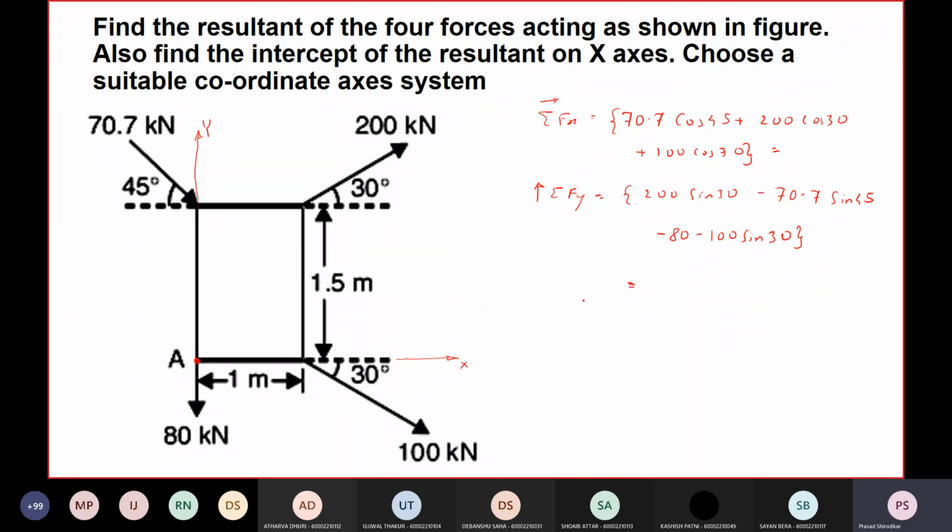Yes, tell me the values. R will be square root of summation Fx square plus summation Fy square, and the resultant angle will be tan inverse of summation Fy by summation Fx.